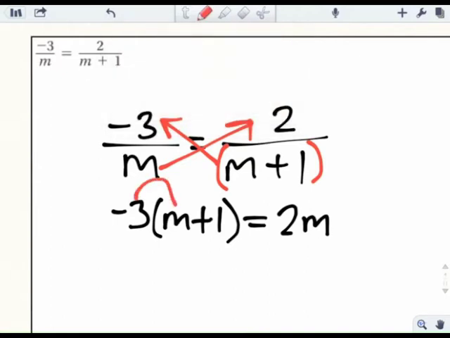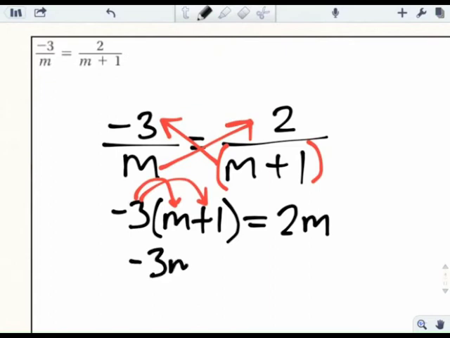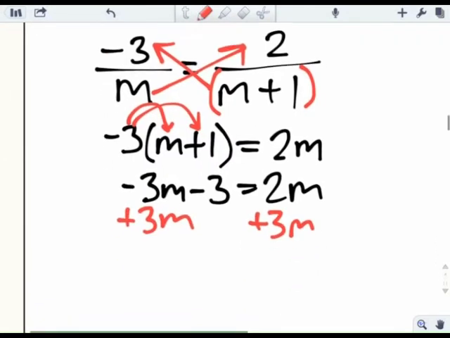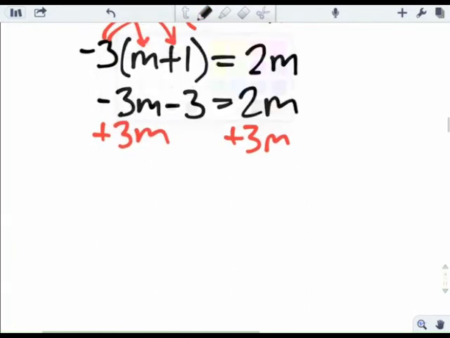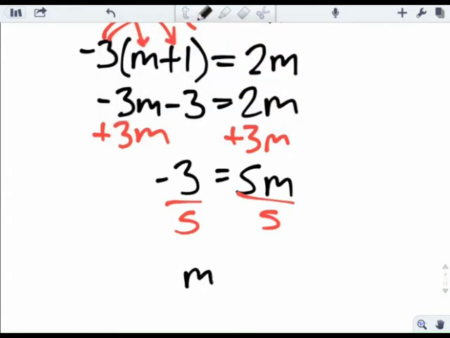You simply distribute the negative 3 into the parentheses, so negative 3m minus 3 equals 2m, and then we can add 3m to both sides. So negative 3 equals 5m, and then last step, divide both sides by 5. So m equals negative 3/5.